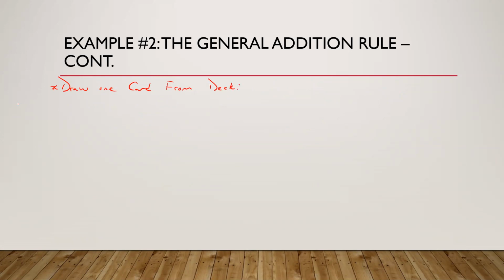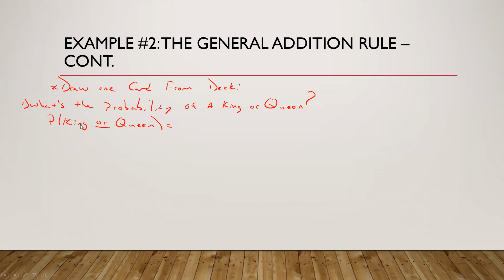So I got 2 questions for you here. 1, what's the probability of a king or queen? I just want to use this formula here. So what's the probability that you reach into this deck, you shuffle it up, and you get a king or a queen? So you're just going to write it like this. It's the probability of getting a king or a queen.